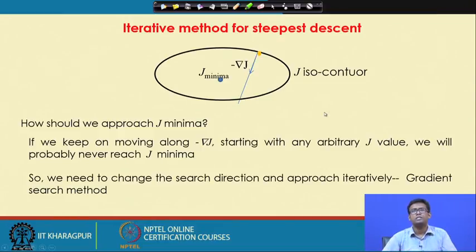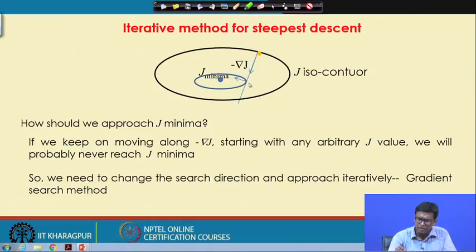So, we need to change the search direction and approach iteratively. We will go along minus grad j and reach one particular level, and then again I will calculate the new minus grad j here and move along this direction. I will probably reach somewhere again, and from there I have to calculate minus grad j again and move along that direction. That is the iteration technique necessarily here.